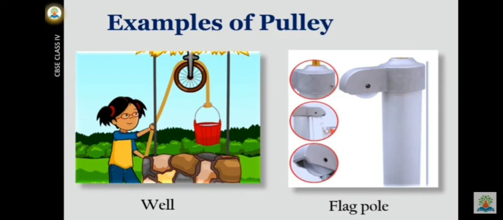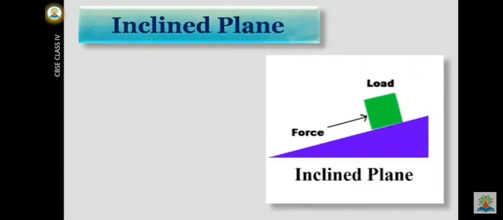That is pulley. And flag pole is also an example of pulley. So पुली में क्या होता है, एक व्हील और एक रोप, and by applying force on the rope we can push or pull the heavy loads.